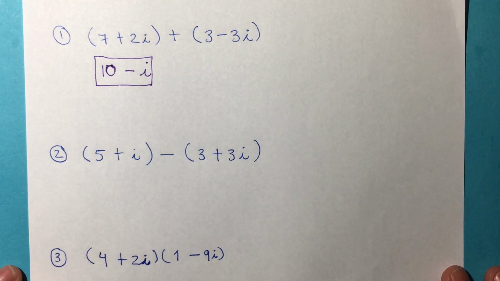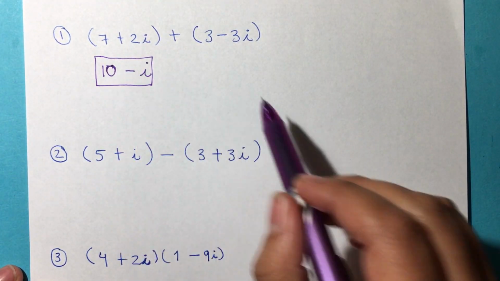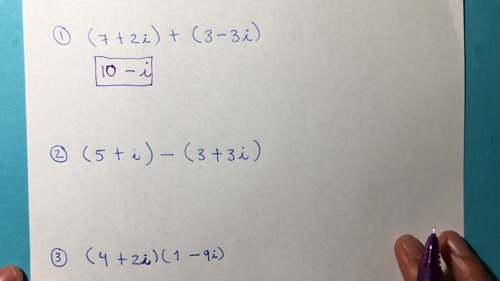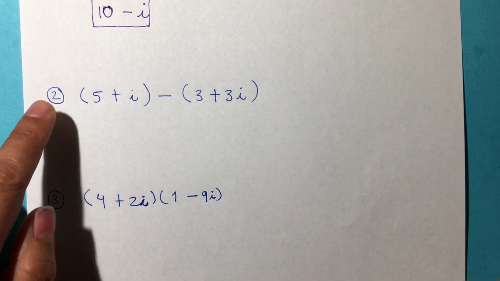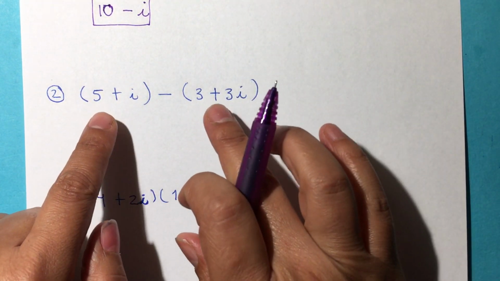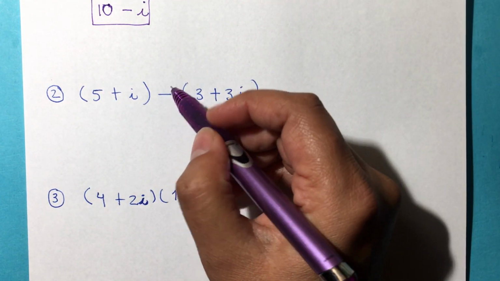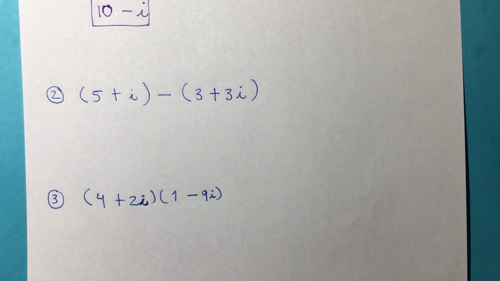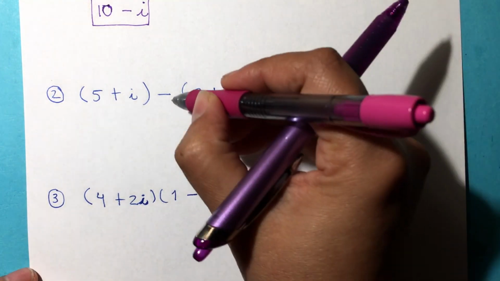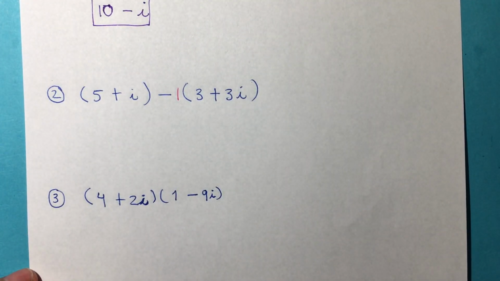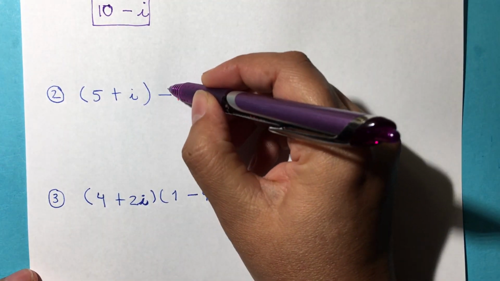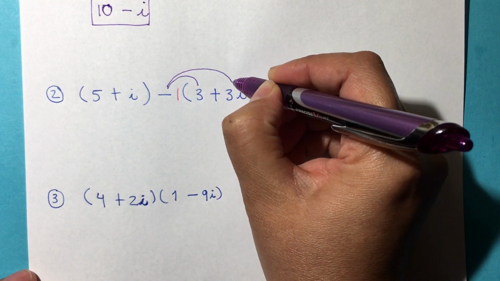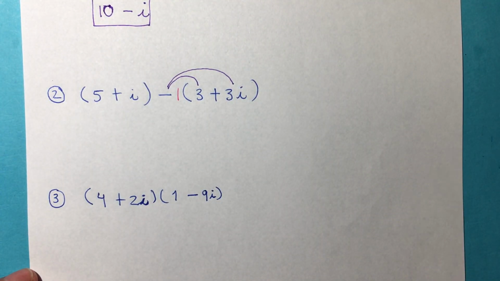When that's addition, we just combine like terms. However, we have here a subtraction of two complex numbers. And when that's the case, it's like if we had a negative 1 in here. So you have to distribute that negative 1 times each one of the terms on the second complex number.